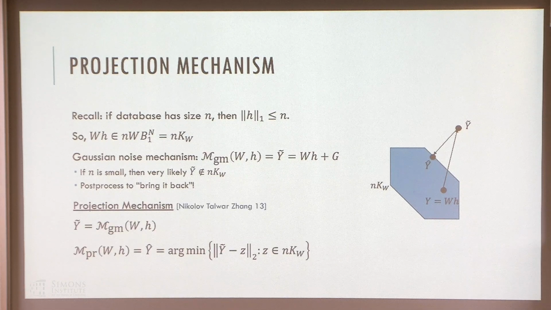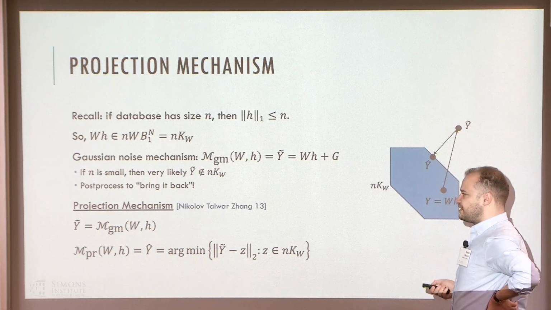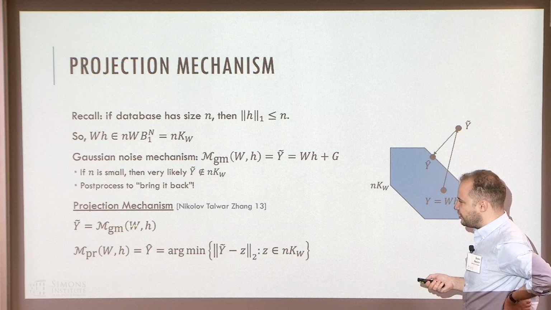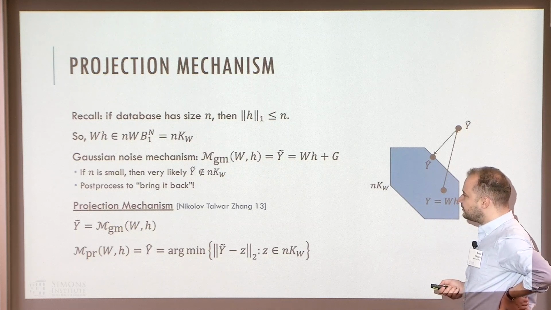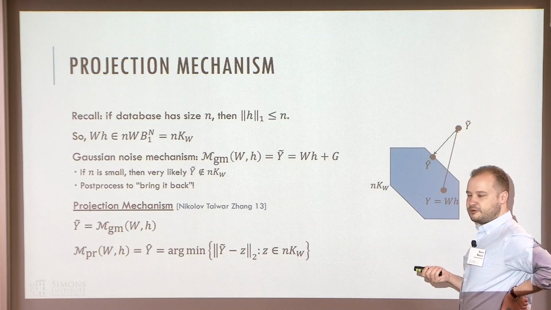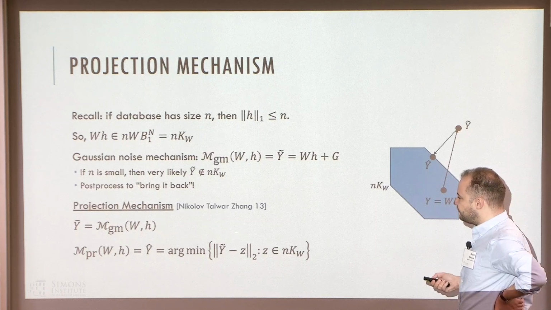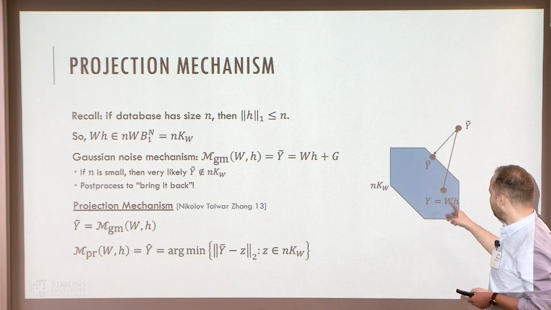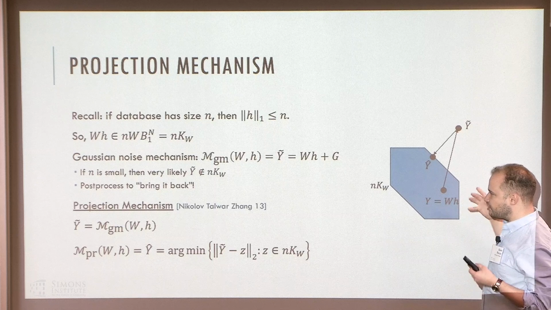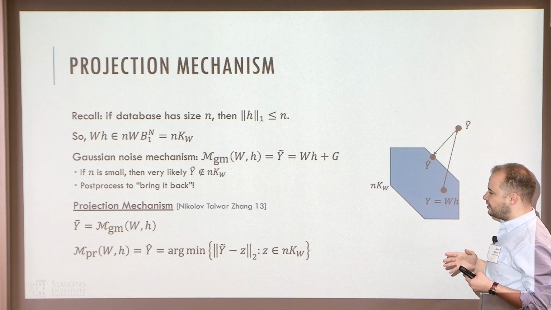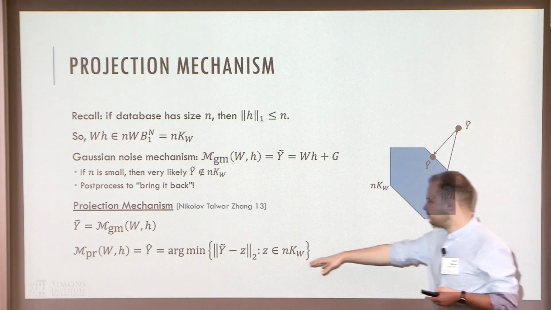And this is what the projection mechanism does. This is from, again, this paper with Kunal and Li Zhang. The projection mechanism is just: run the regular Gaussian noise mechanism to get your noisy query answers, and then find the closest point inside this set of possible query answers. We'll do this in Euclidean norm, L2 norm.